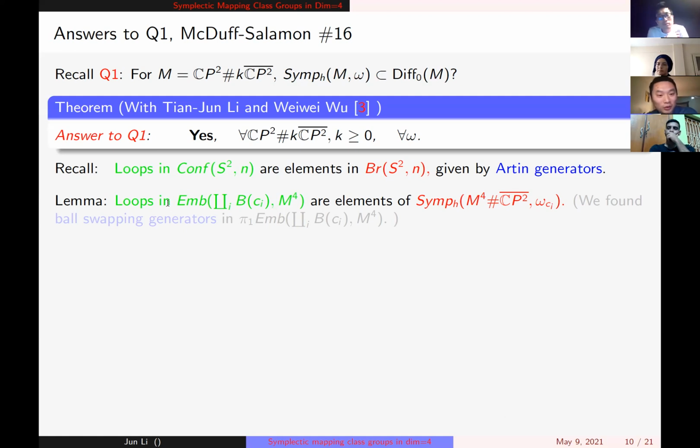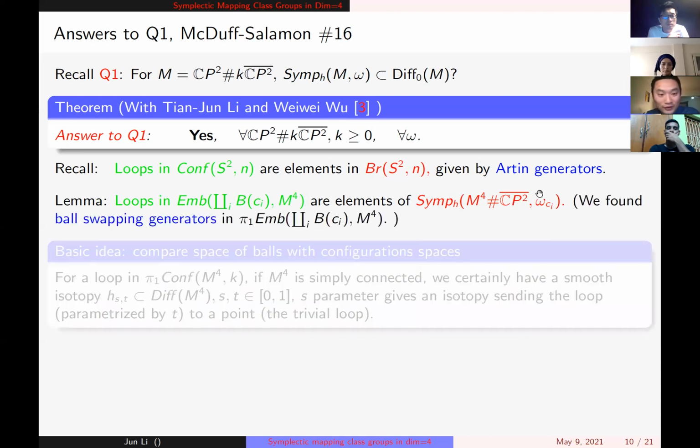The basic idea is loops in this big space, which is infinite dimensional now, are going to be the elements of this homologically trivial symplectomorphisms. That's not very precise, but that is the rough idea. And then we also have a sort of analog of the Artin generators, which we call ball swapping generators. In the braid group case, we are swapping points. Now we are swapping balls.